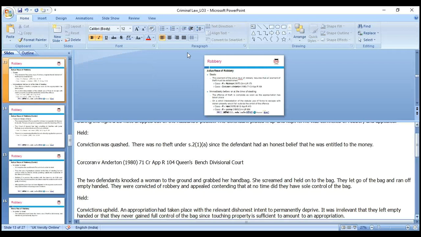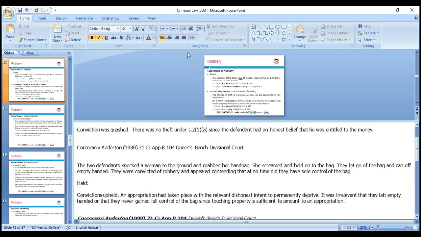The two defendants knocked the woman to the ground and grabbed her handbag, and she screamed and held on to the bag. So they let go of the bag and ran away empty-handed. They were convicted of robbery and appealed, contending that at no time did they have sole control of the bag.